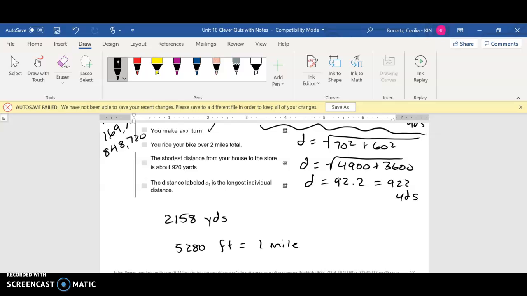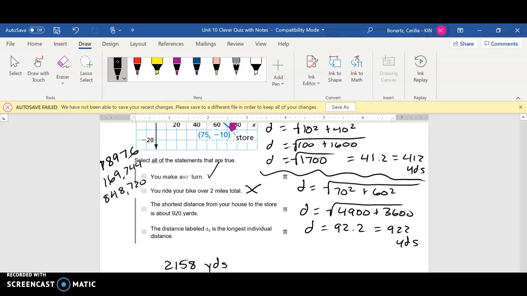And I know that there's 3 feet in a yard, so 5,280 divided by 3 is 1,760 yards equals 1 mile. So I want to know if I rode my bike over 2 miles, so times 2 would be 3,520 yards. And I only rode 2,158, so that's not true.